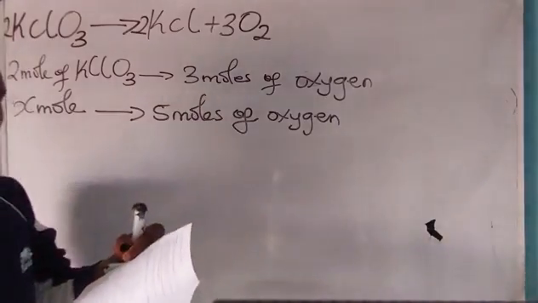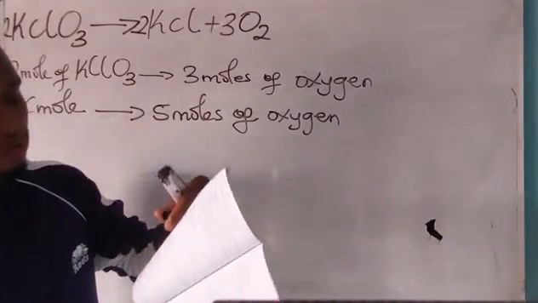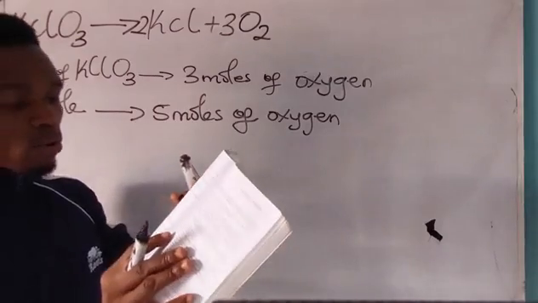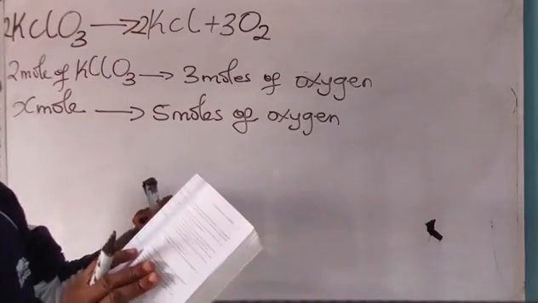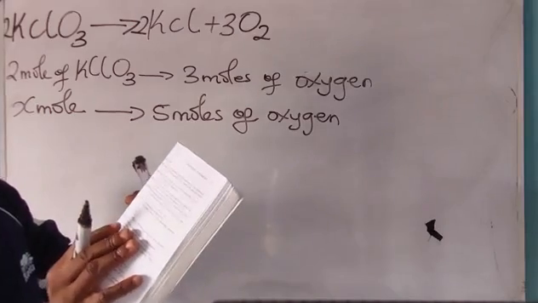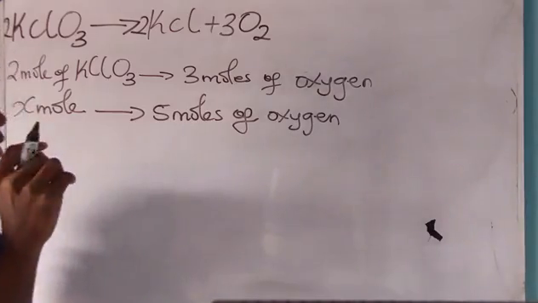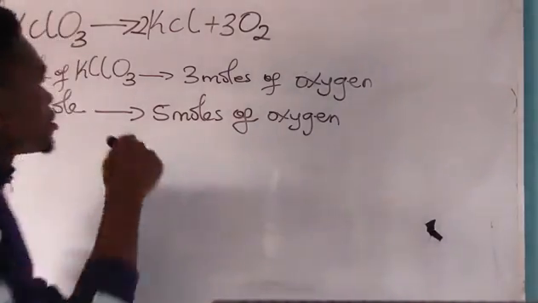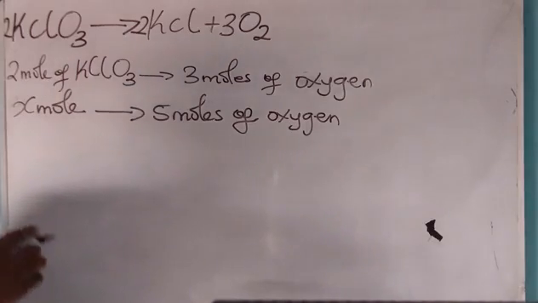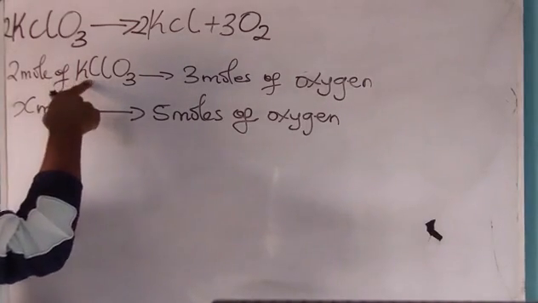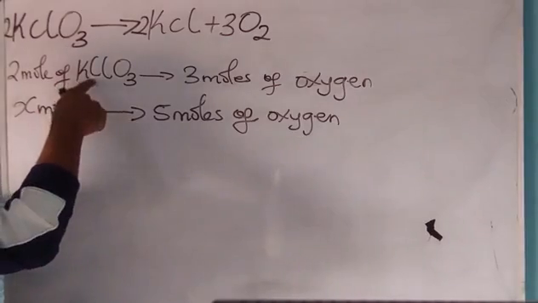Let me read the question again. How many grams of potassium chlorate must react to produce 5 moles of oxygen? The question says 5 moles of oxygen, which means the mole of oxygen was given. So this one wasn't given. That is why we have to calculate for the gram.